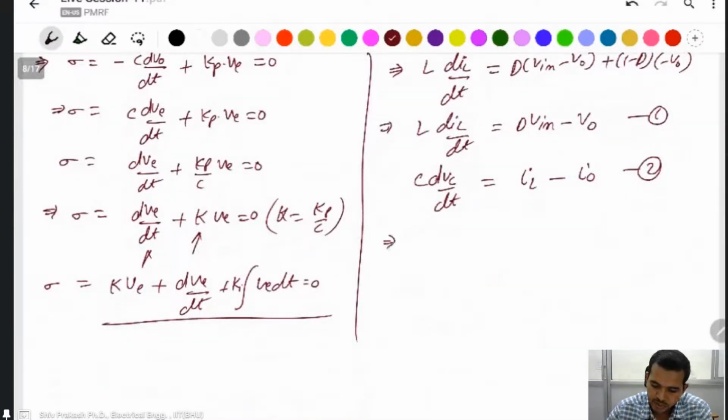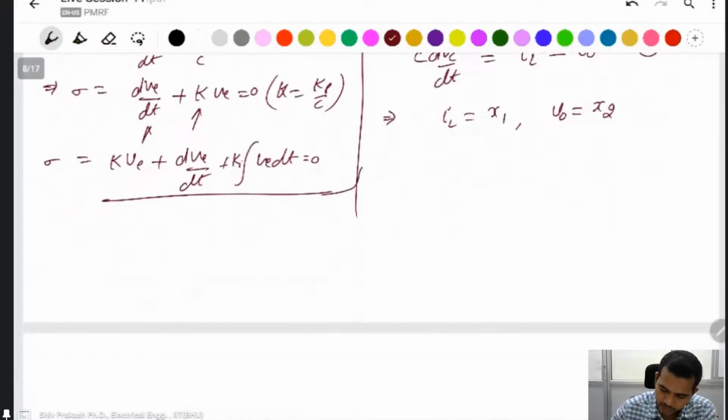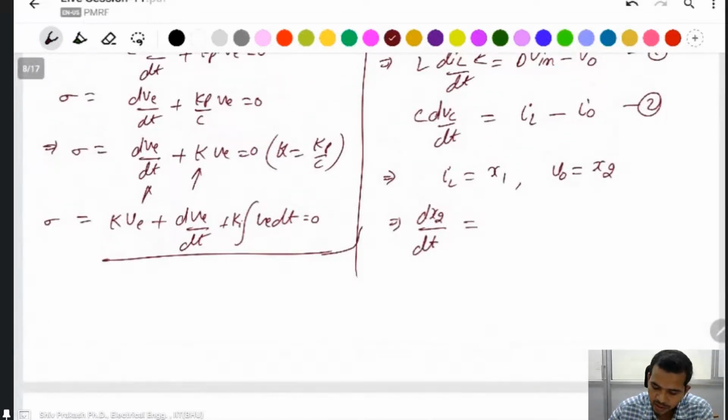Then you will take delta IL as the variable x1, and V naught as x2. Then find dx2 by dt. dx2 by dt means delta IL.